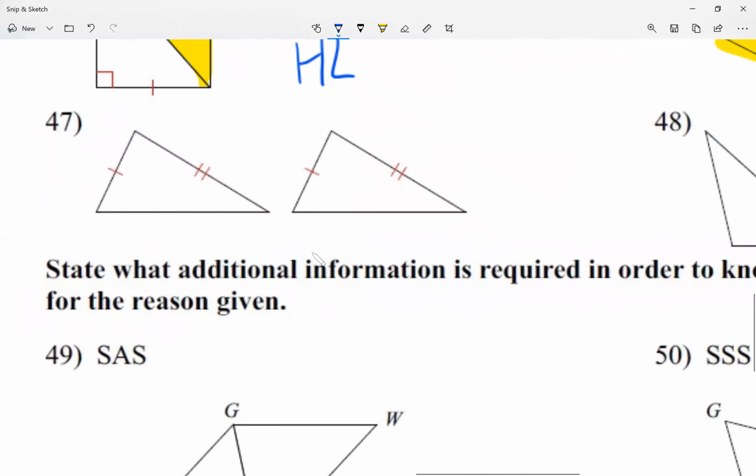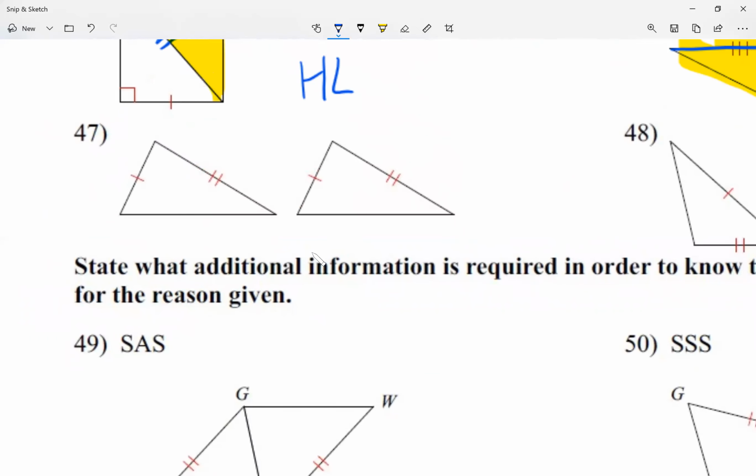All right, now looking at number 47. Remember, the only way I can mark a side is if the two triangles share it. The only way I can mark an angle is if the angles make an X. Neither of those cases happen here. Now, when I take a look at one triangle, I see that I have two sides marked, 1 and 2.